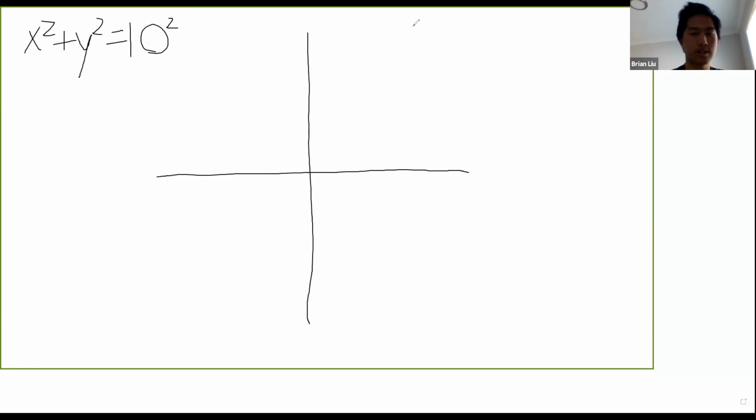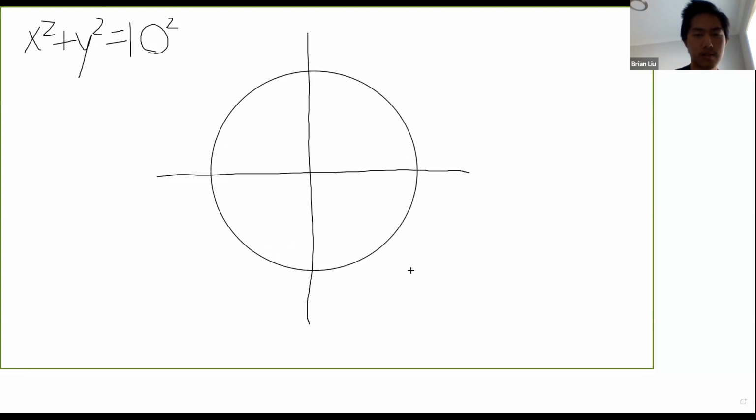Okay. So what did we have before? We had the equation x squared plus y squared equals 10 squared, which is 100, and we drew it here. And then we shifted it 10 to the right.